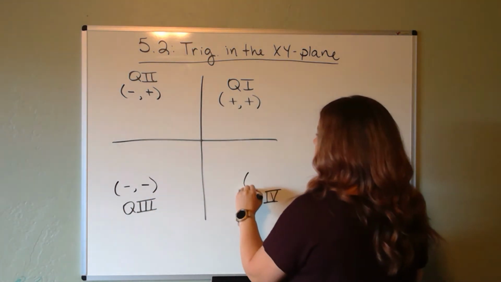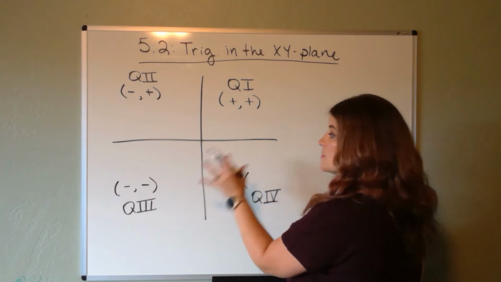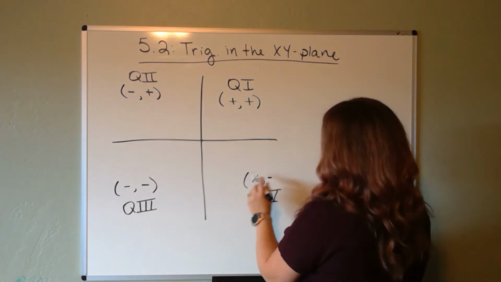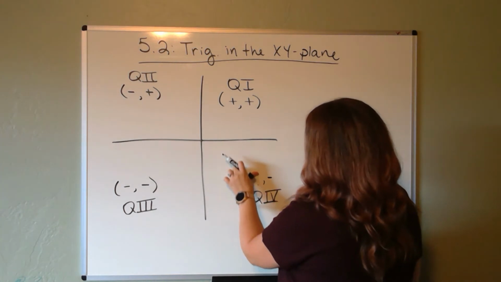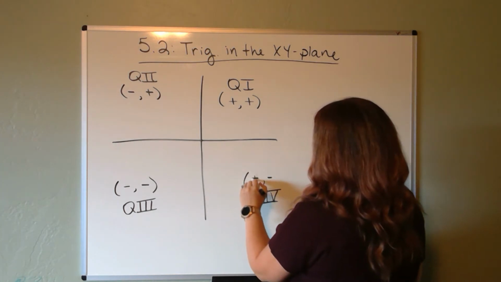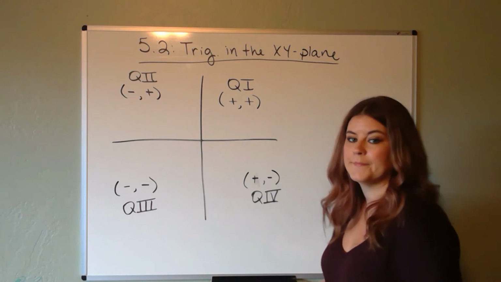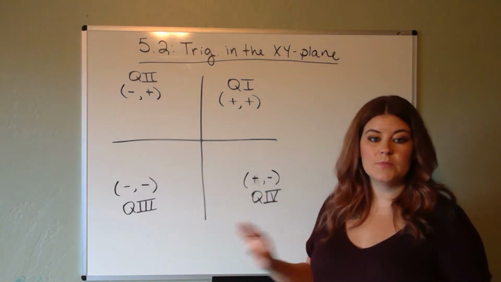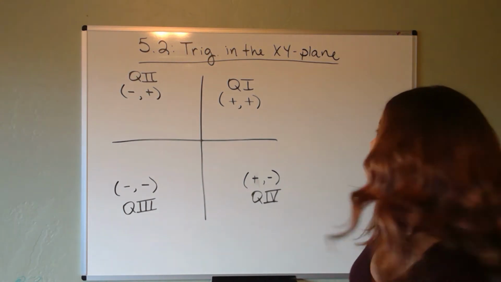But in quadrant 4, we're back to a positive x because we're on the right, but because we're below, oh, I just wrote x instead of positive. Hold on. Positive x, but a negative y. So again, you probably know these facts, but we are going to use them to our advantage.